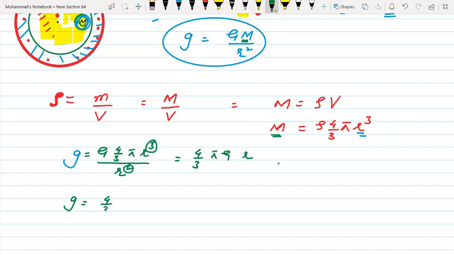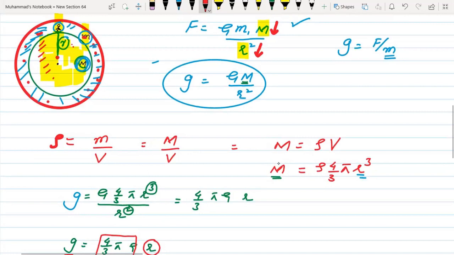So what are you observing? That is g is directly proportional to r. Inside the planet, this 4 by 3 pi rho G is constant, then we can say g is directly proportional to r. Okay. So this relationship is valid inside the surface of Earth.